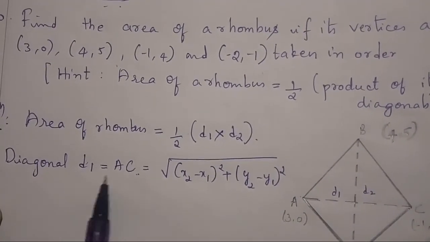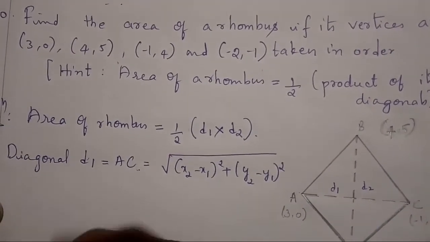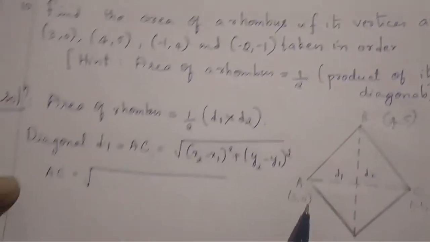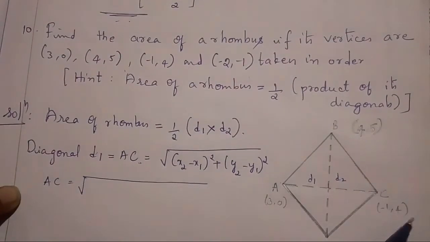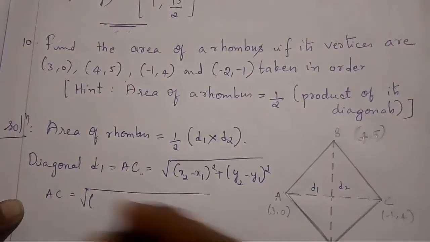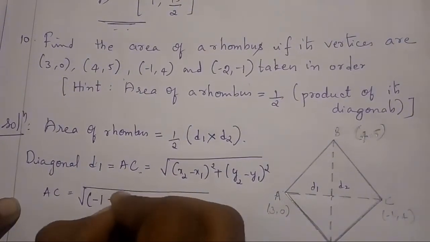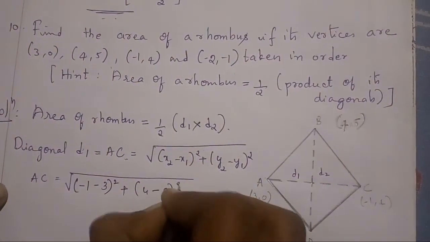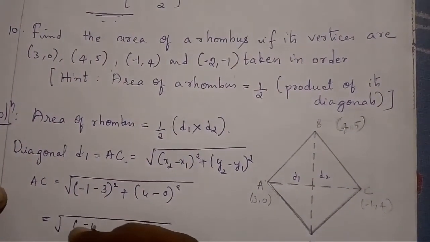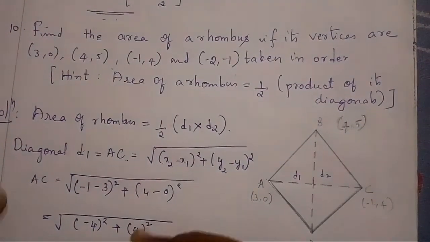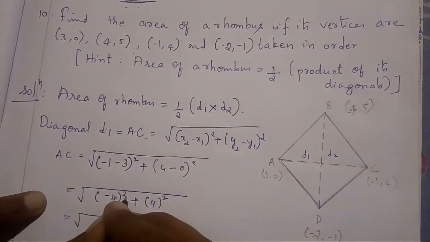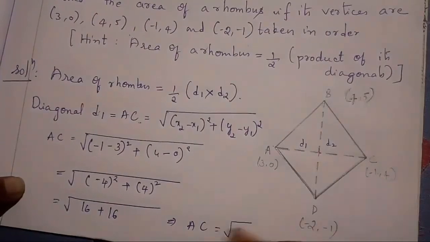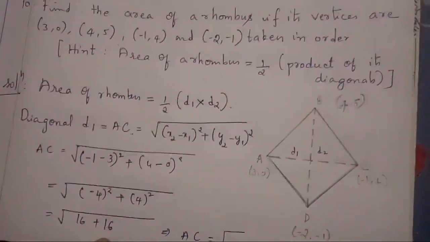Here x2 is minus 1, x1 is 3, y2 is 4, y1 is 0. That is square root of (minus 4) whole square plus 4 whole square, square root of 16 plus 16. This implies that AC is equal to square root of 32.